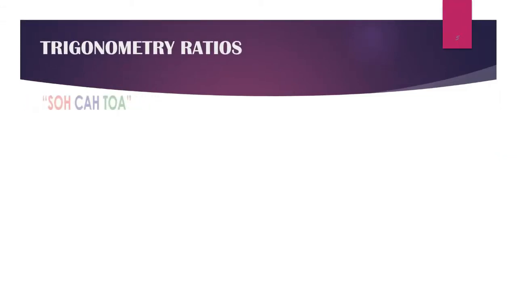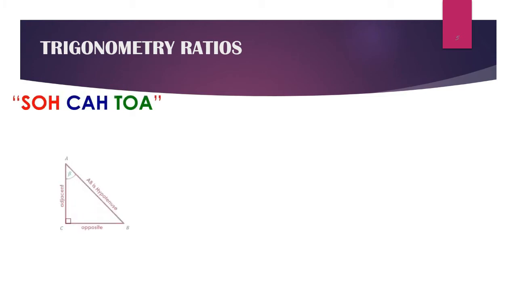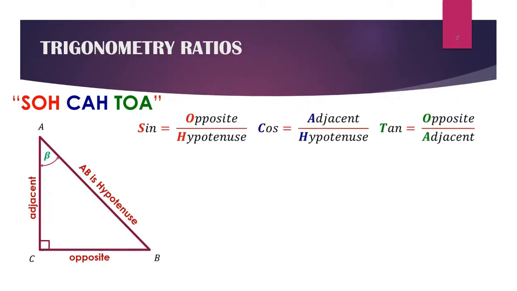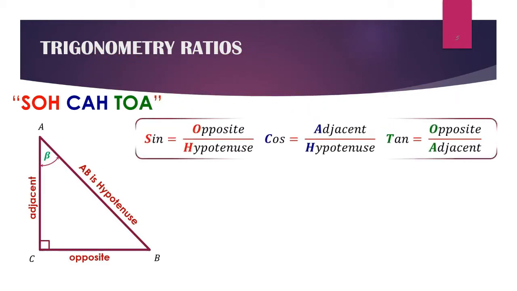Okay, go to the next, trigonometric ratios, SOHCAHTOA. Look at the right angle triangle below. Sine is opposite over hypotenuse, cosine is adjacent over hypotenuse, and tangent is opposite over adjacent.